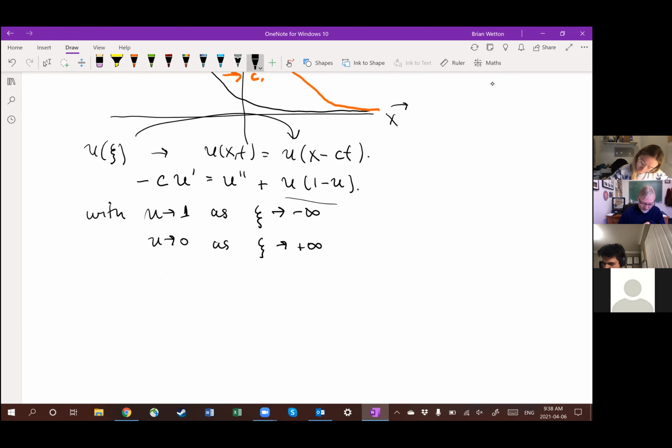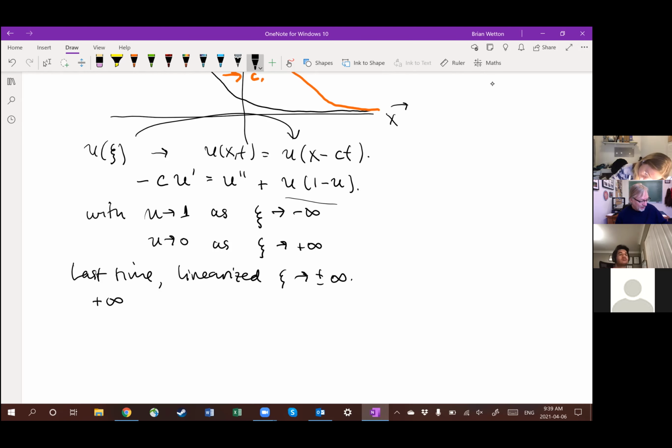Okay, and last time we linearized the equations around plus and minus infinity. And at plus infinity, we found that u should behave something like 1 plus some constant times e to the r1 c.